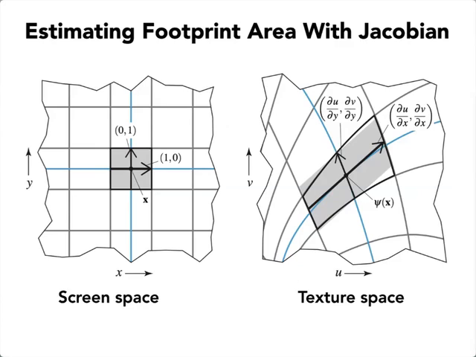With respect to X and Y change in the screen space, according to where they will map into the texture space via psi and the gradients of that. So you can observe that this vector here will be ∂u/∂x, comma ∂v/∂x, and similarly for this other direction here. So you can actually estimate the area of this change here by using these derivatives of the mapping function, okay?